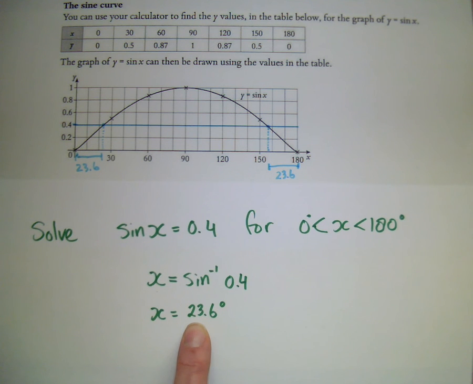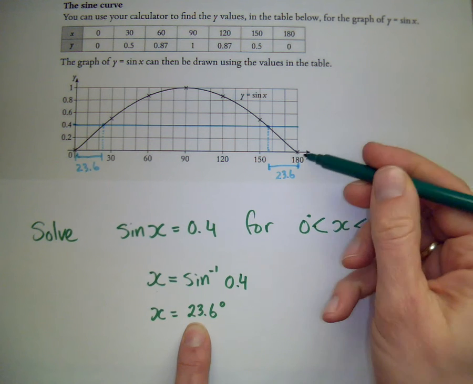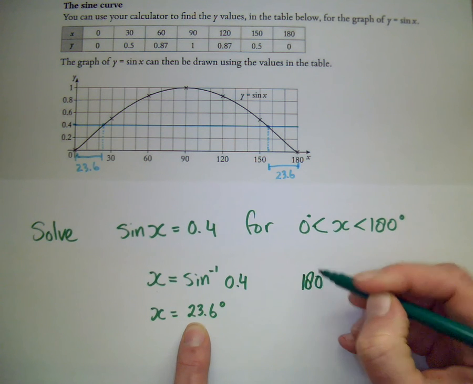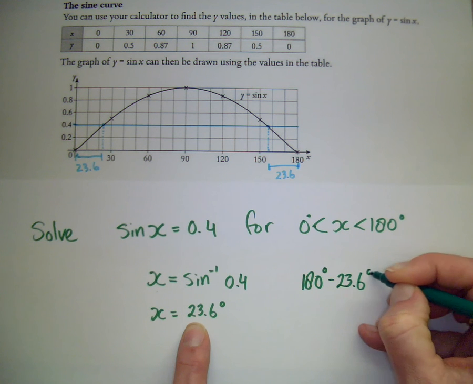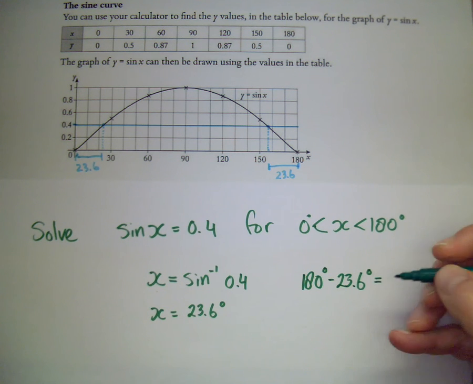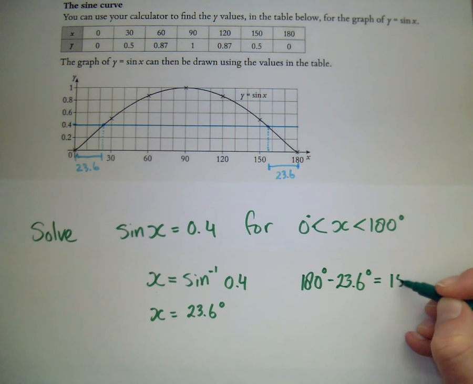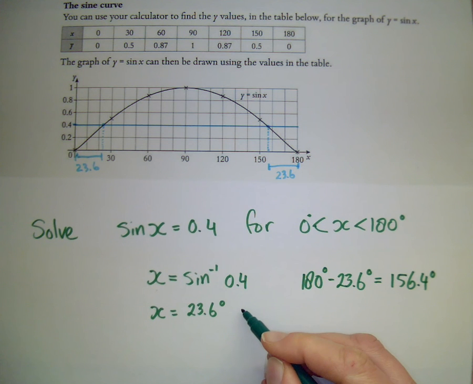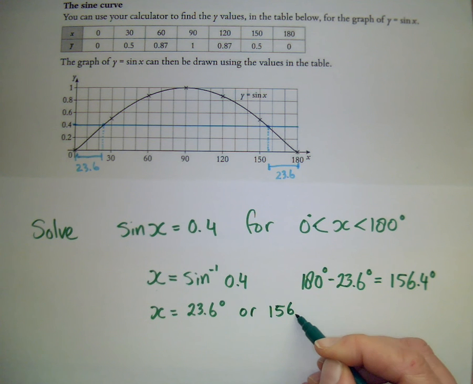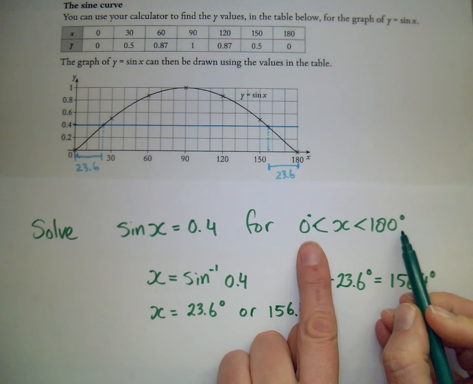We have another possible answer, which equals 180 degrees minus 23.6 degrees, and that equals 156.4 degrees. So there is two possible answers for x within this range, right?